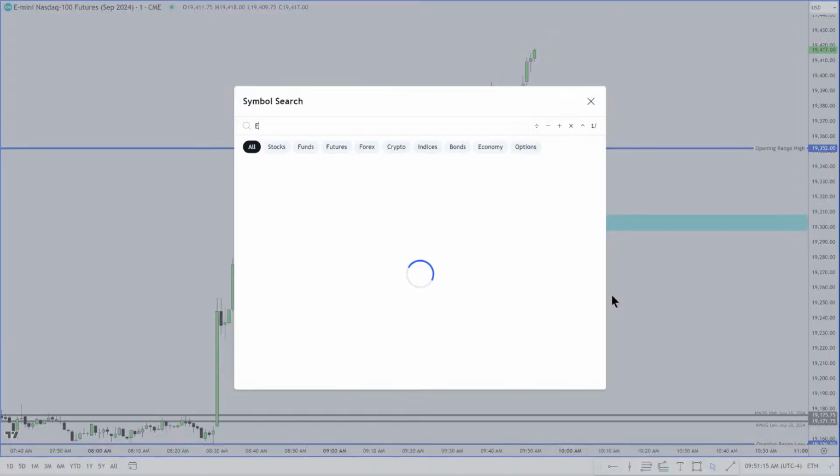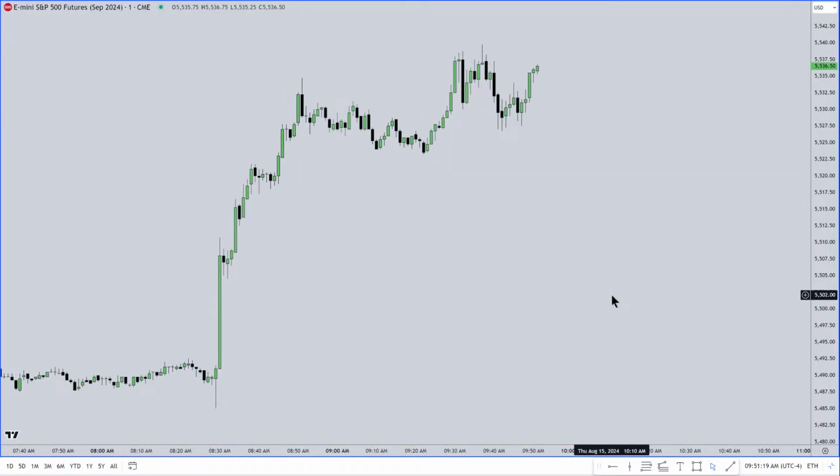Just want to take a peek at ES. So ES is lagging a little bit. That means it's probably going to either see NQ stay at its highs and allow ES to catch up, meaning that ES should be going above this high.